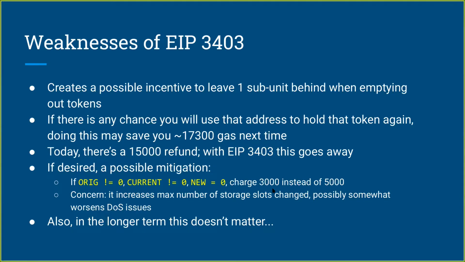So you would still have a little bit of incentive to pretend a non-zero value is 0 if you're certain that it'll become non-zero again. But at least in those cases, like ERC-20 token balances, for example, where you're not sure, the incentive would continue to be pretty strongly toward using the 0 as a 0.